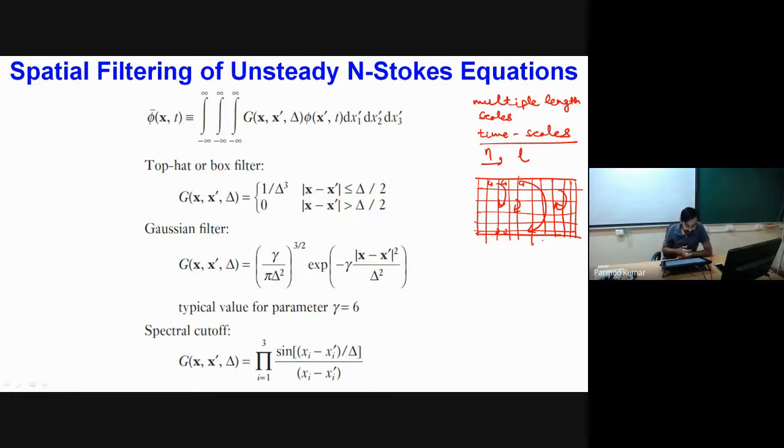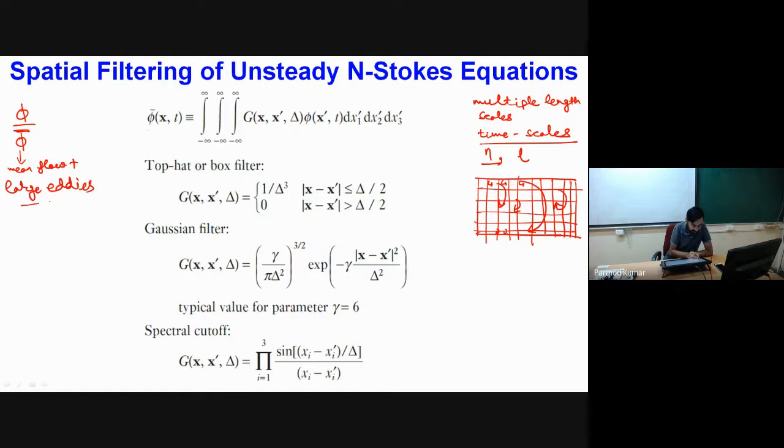So there is this particular equation. For example, if I have some parameter phi and I now have to find another parameter phi bar such that this phi bar includes only the effect of the mean flow plus large eddies.